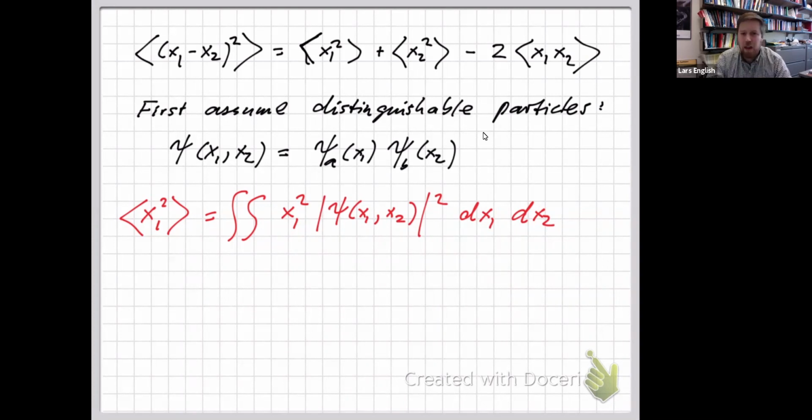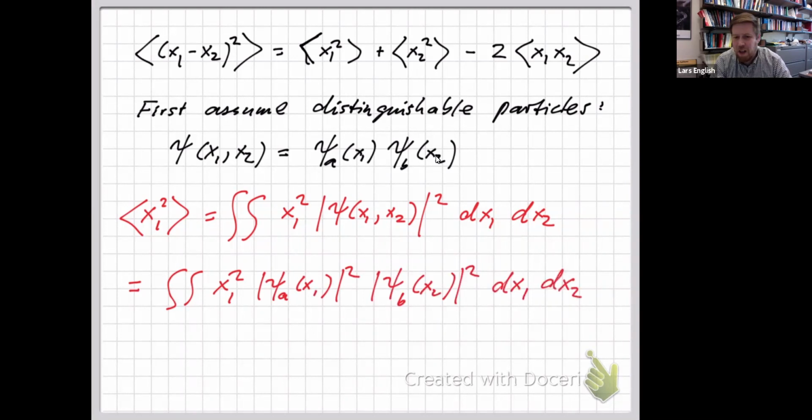Now let's plug in our ansatz, and then it looks something like this. Now you can see that I can separate that into two separate integrals, because this piece here depends only on x2, this piece only on x1, and so I can separate it out, and I get something like this.